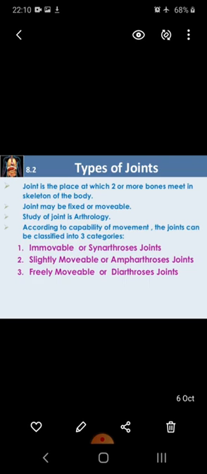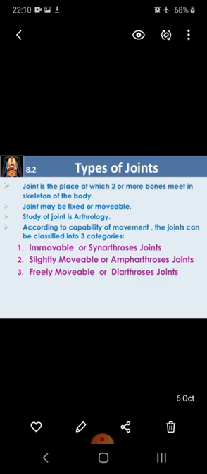A joint or an articulation is the union of two or more bones of the skeleton. The study of joints is called arthrology. In fact, the articulating surfaces of the bones are sometimes separated by a thin membrane, sometimes by connective tissue or fibrocartilage, and in the freely movable joint, these are completely separated.